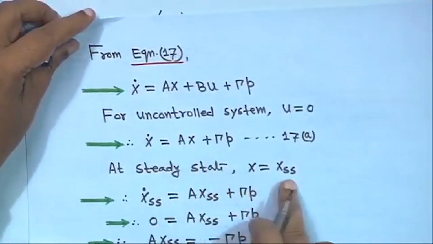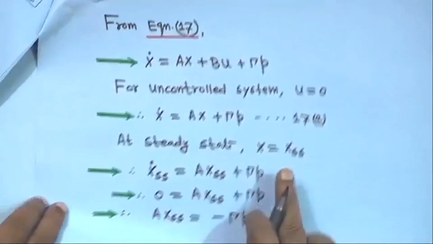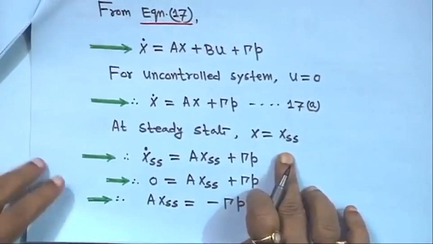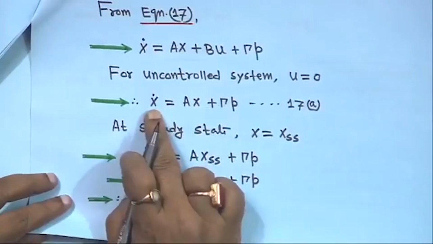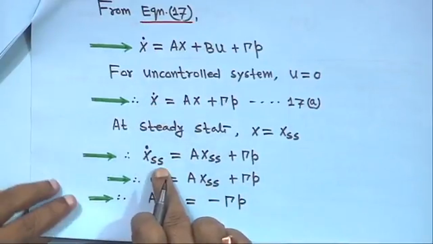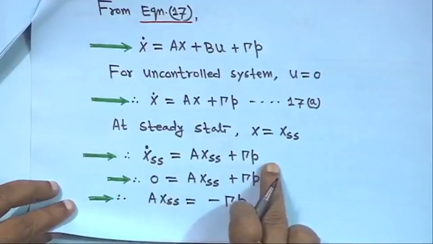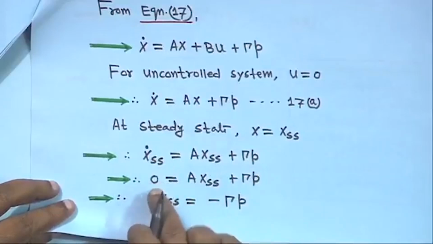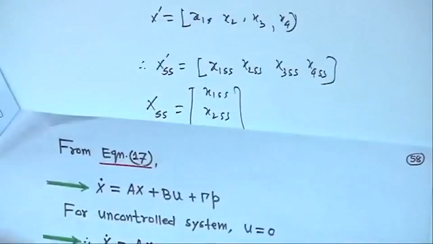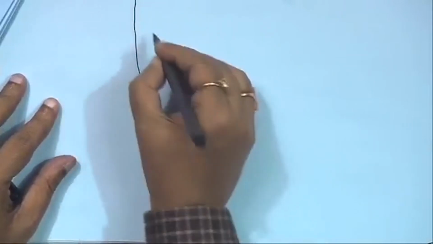So, at steady state x is equal to x s s, meaning all the variables are reaching the steady state value. You put x is equal to x s s here. That means capital X s s dot is equal to a capital X s s plus gamma p, and capital X s s dot is equal to 0, because when all of them reach the steady state, it does not matter how many state variables there are.